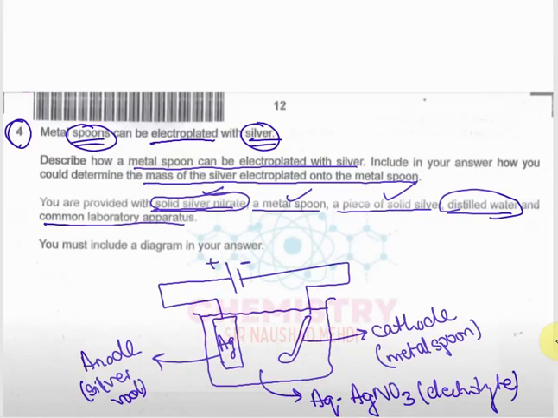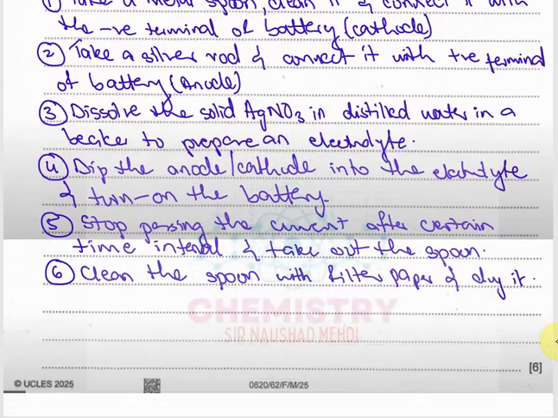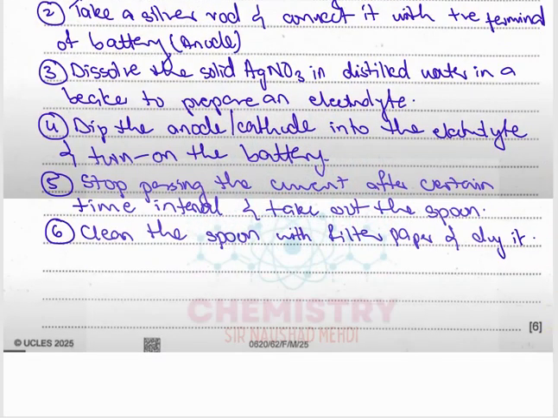But one question they were asking was how would you determine the mass of the silver electroplated on the spoon? So you have to determine what mass of silver has been deposited. For that, you have to write down the formula for the mass of silver deposited.